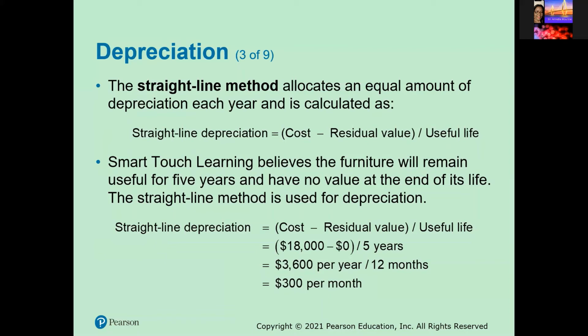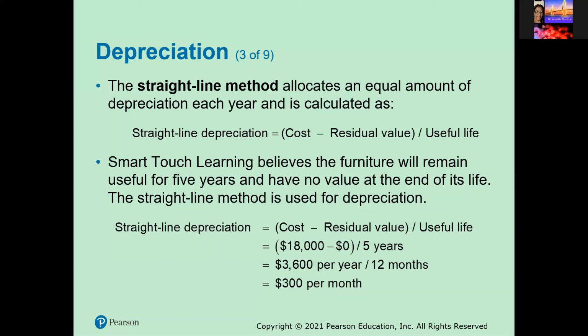Smart Touch Learning believes the furniture will remain useful for 5 years and have no value at the end of its life. The straight line method is used for depreciation.